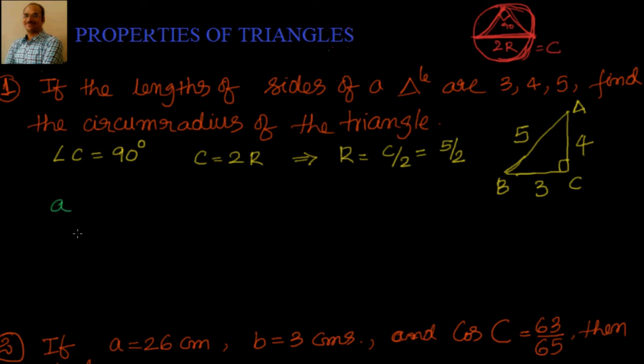We will say A by sin A equals B by sin B equals C by sin C equals 2R. We know this. This is the law of sines.